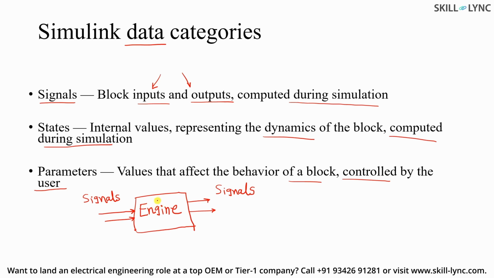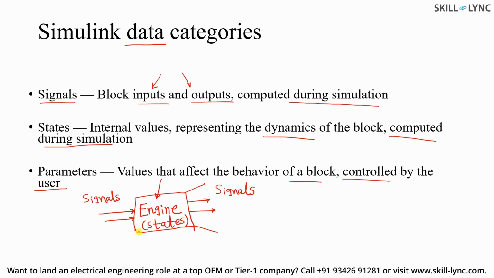Now whatever is happening inside the engine because of these input signals is called the states. So states are nothing but the values of signals at each point in the engine block. If you explore what is inside the engine block, you will have multiple different types of blocks, and all those signals at the multiple blocks represent the internal state.